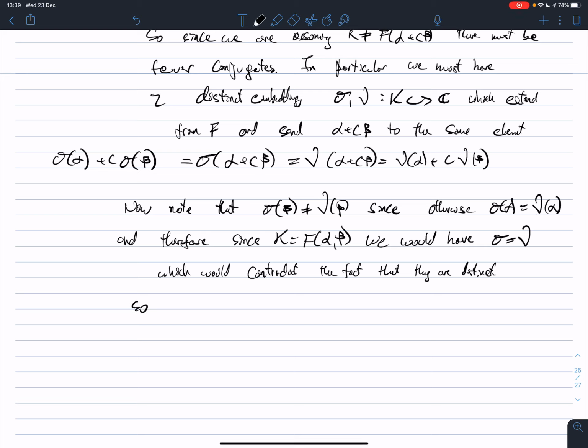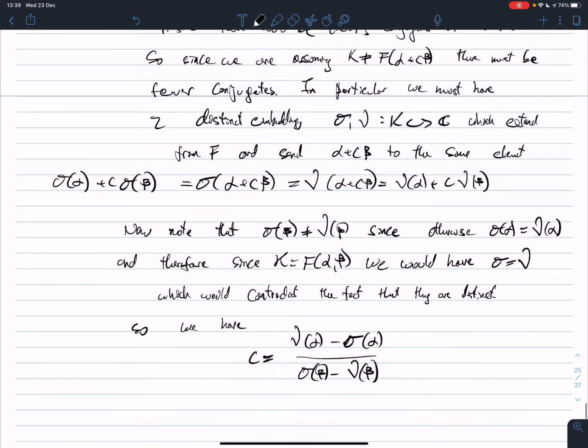So if I take this long equation here and rearrange to solve for c, because these two things aren't the same, I can write c as eta of alpha minus sigma of alpha over sigma of beta minus eta of beta.